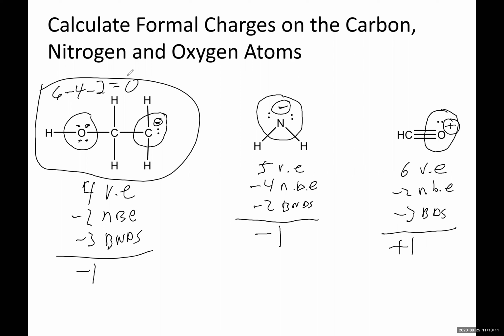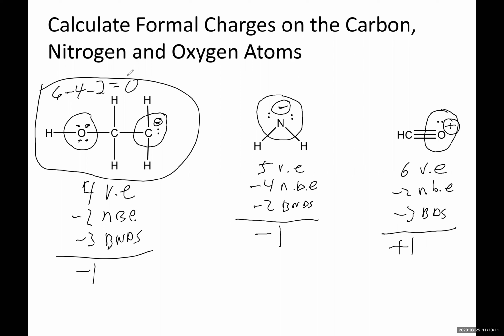The formula for formal charge is: formal charge is equal to the number of valence electrons in the neutral atom, minus the number of non-bonded electrons around the atom, minus the number of bonds.